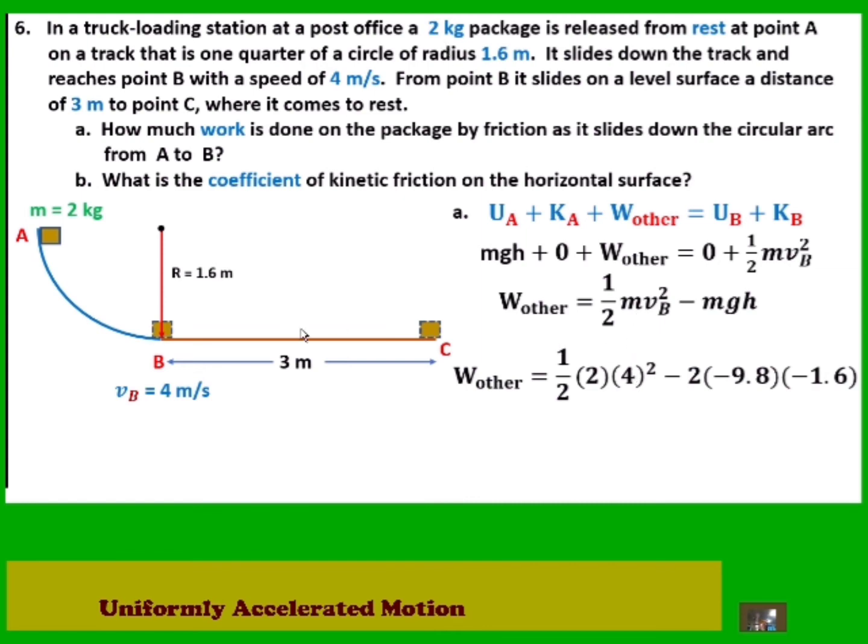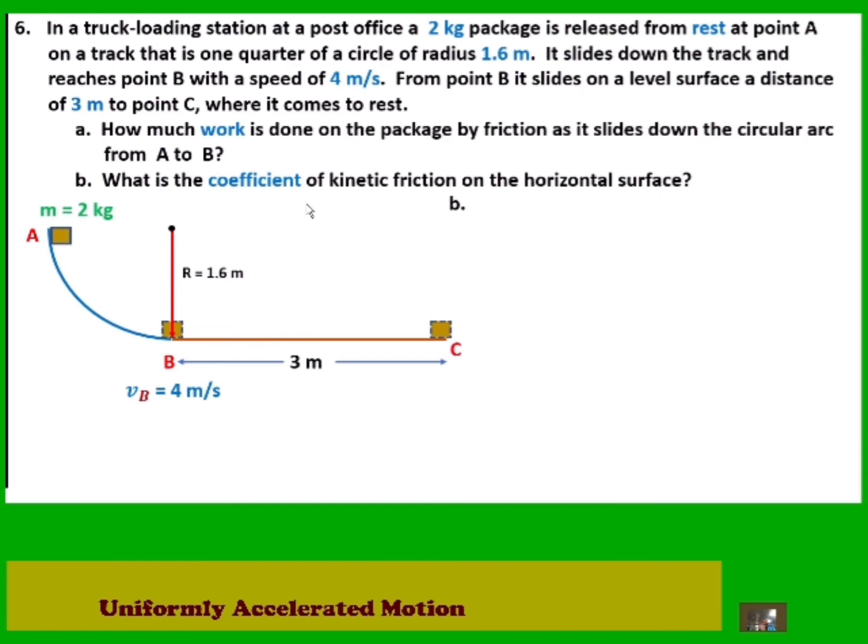At point B, its speed is 4 meters per second. Then the mass again, 2. Acceleration due to gravity, negative 9.8. Height, considering distance down, is negative 1.6. Simplify and multiply, combine. So the work done on the package as it slides down from point A to point B is negative 15.4 joules.